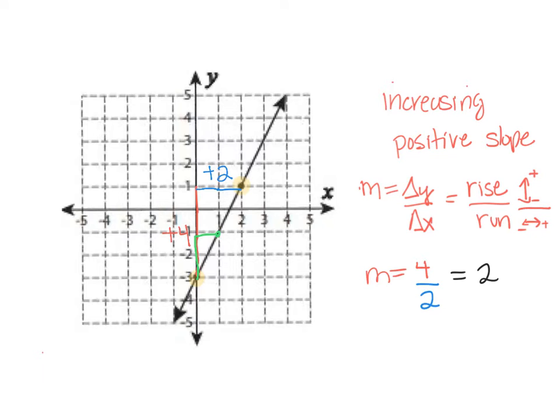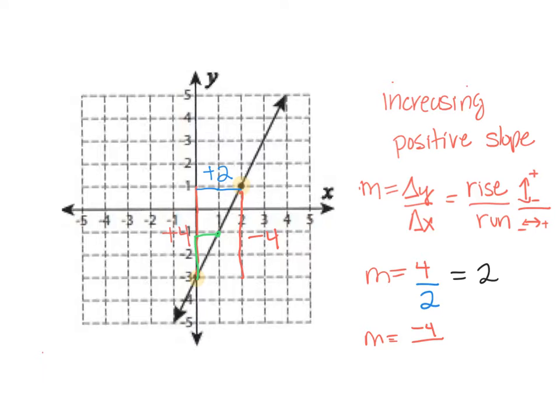Now keep in mind that it doesn't matter what quantity you count first. For example, if you started at the point at the top and you counted down 4, well, that would be a negative 4 move, and we would know that it would go there.